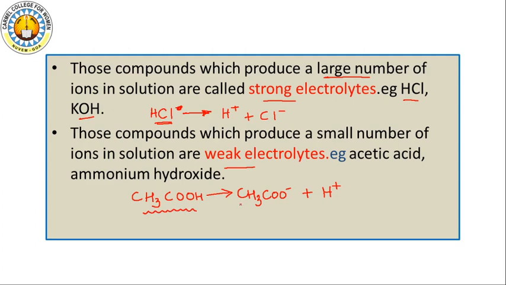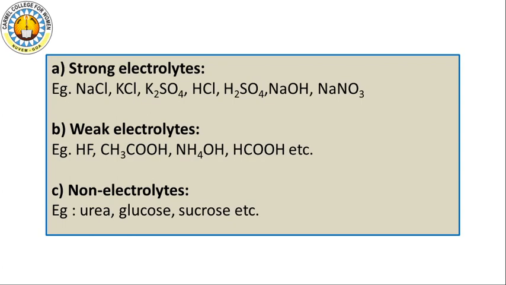It will not produce many ions. There is only partial dissociation of weak electrolytes, whereas strong electrolytes are completely dissociated. So you have to remember this point. For strong electrolytes, there is complete dissociation, and that is why there is a large number of ions, whereas for weak electrolytes there is partial dissociation and hence a small number of ions.